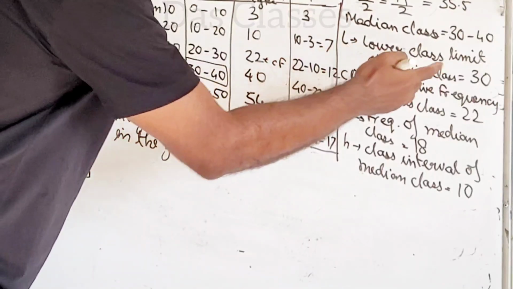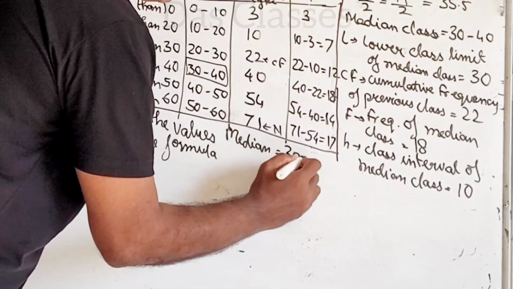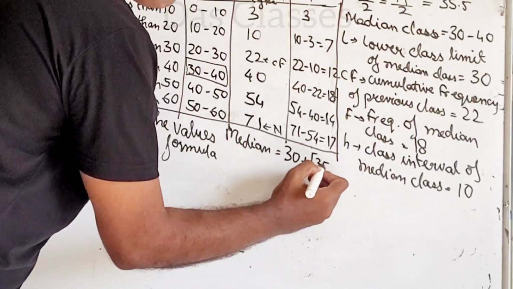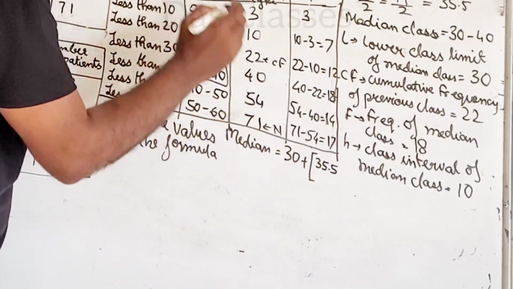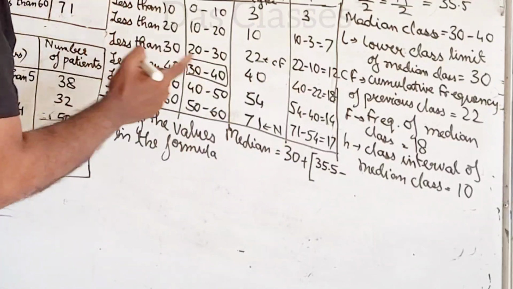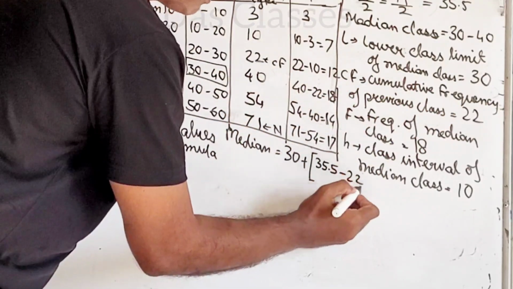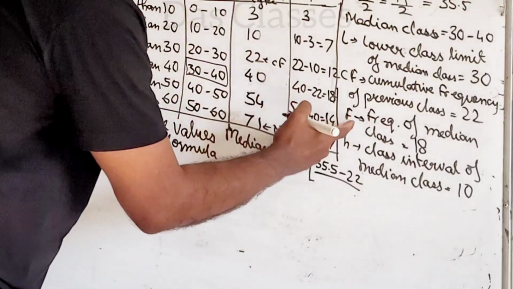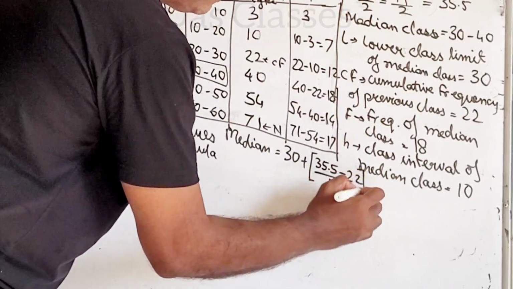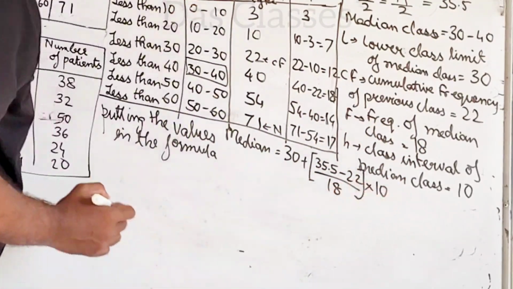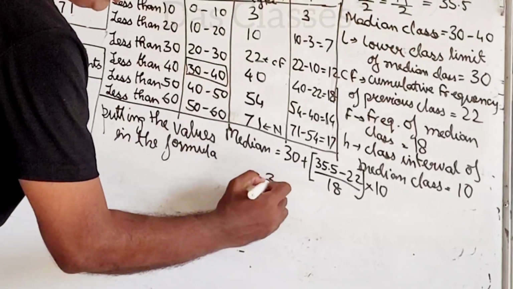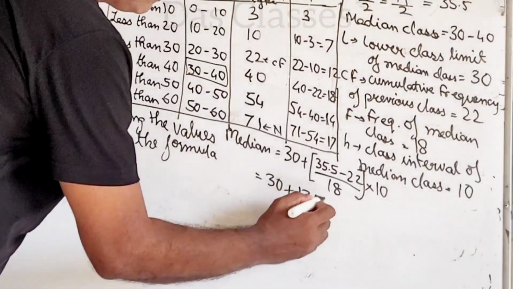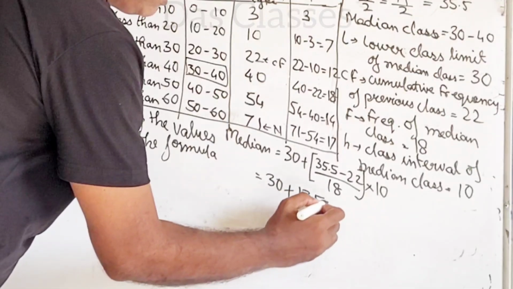L stands for 30. N upon 2 was 35.5, minus cumulative frequency. Cumulative frequency was 22. Frequency F is 18 and class interval is 10. So that will come to 30 plus 13.5 upon 18 into 10.